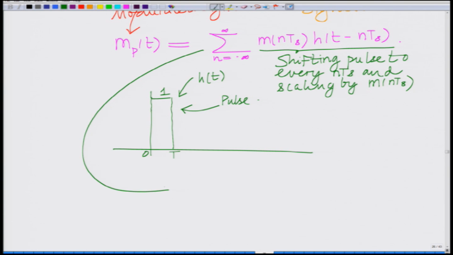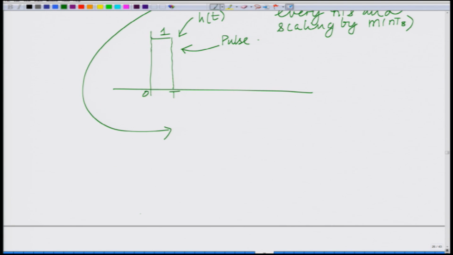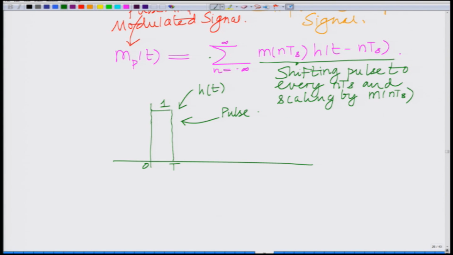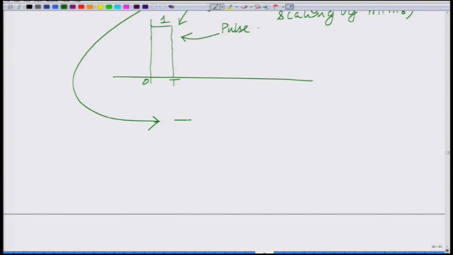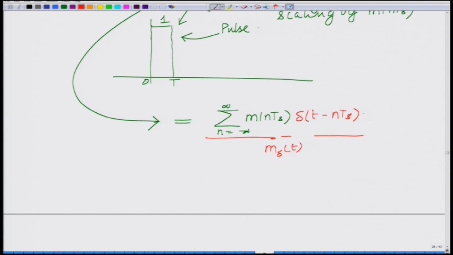Hence, we can equivalently represent this pulse amplitude modulated signal as the impulse sampled signal, the summation of m of nTs delta t minus nTs, that is m delta t, convolved with h of t.